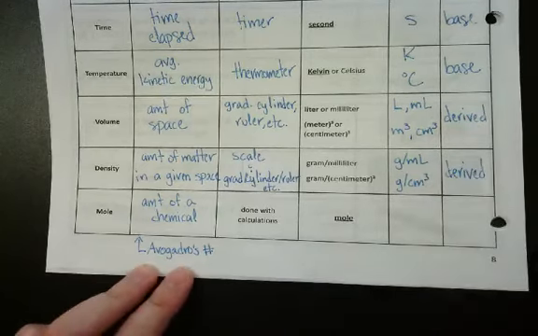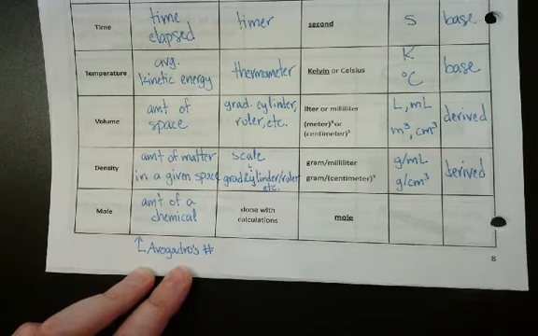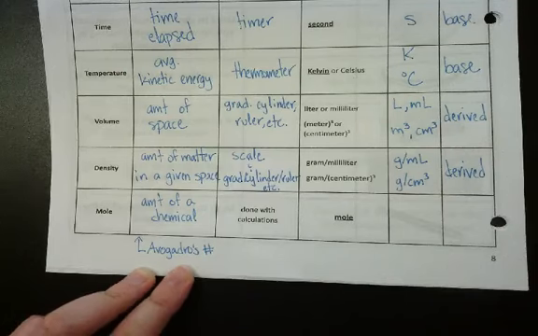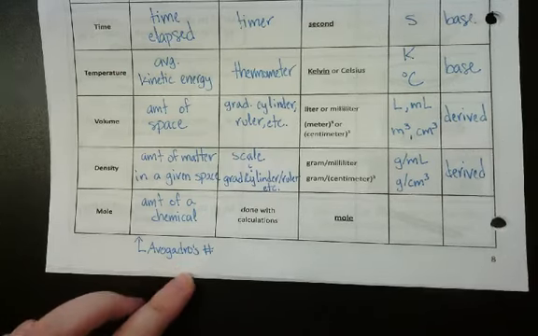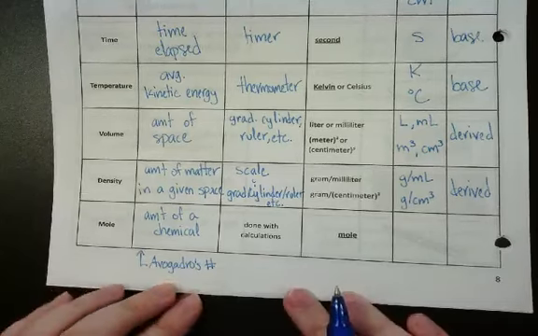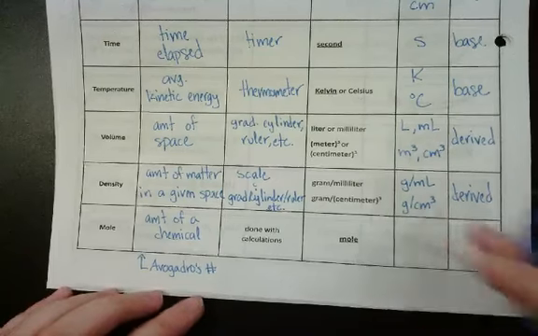So for every 1 mole of any substance, there are going to be 6.022 times 10 to the 23 particles. Yes, but you don't have to worry about it right now. So all you have to do is know that Avogadro's number is that amount of particles, and that always is 1 mole of that substance.